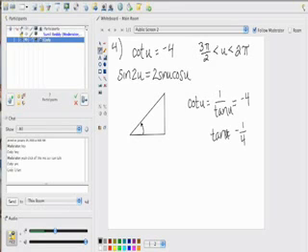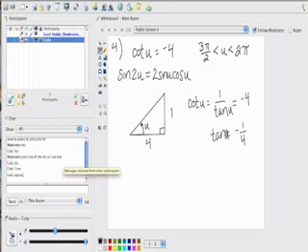And what's the definition of tangent? Opposite over adjacent, yes. So if this is my angle u, I know my opposite side from angle u is 1, and the adjacent side is 4. And since this is a right triangle, can you solve for me the hypotenuse?